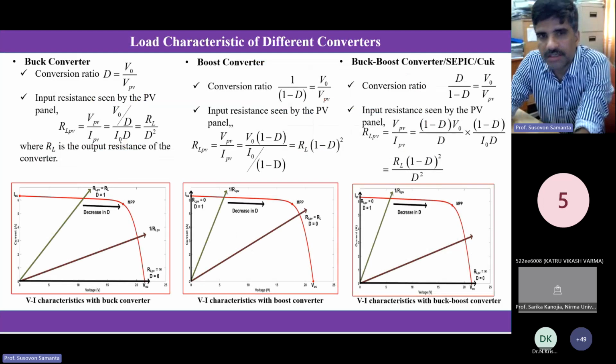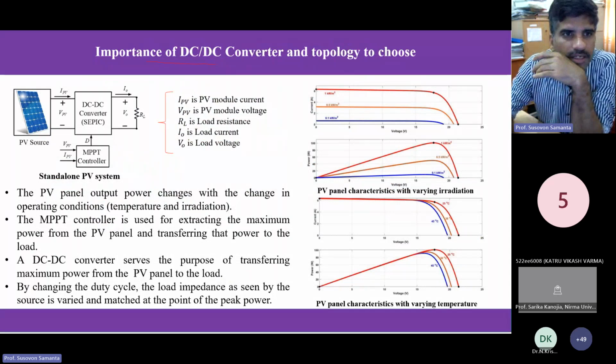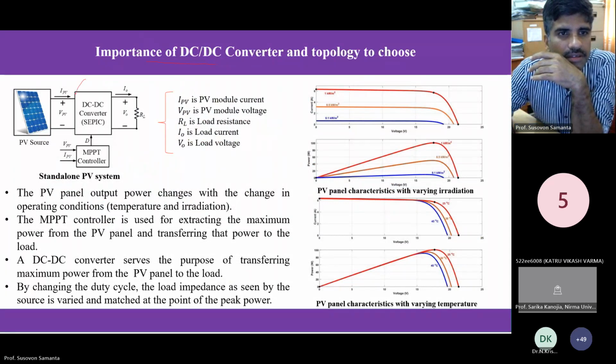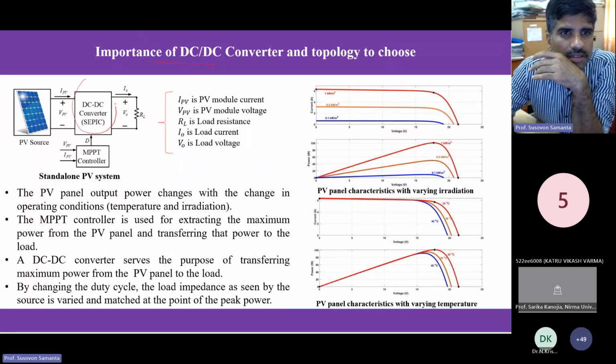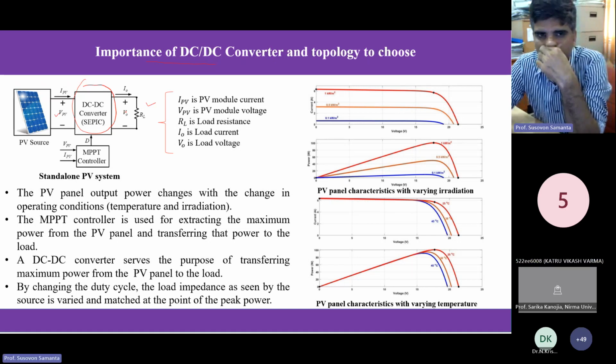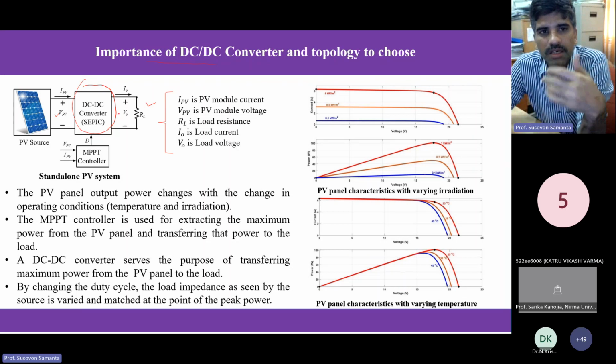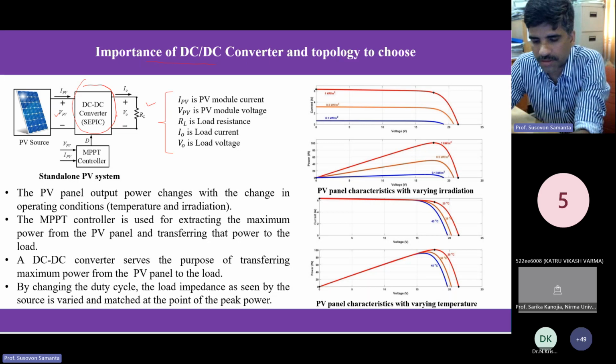And for that reason, what you can do is connect a converter in between your panel and the load. Then the next question is what advantages we are getting by connecting the DC-DC converter.